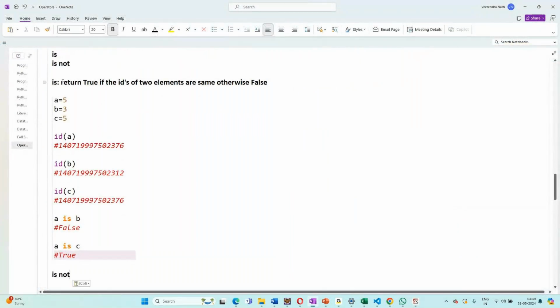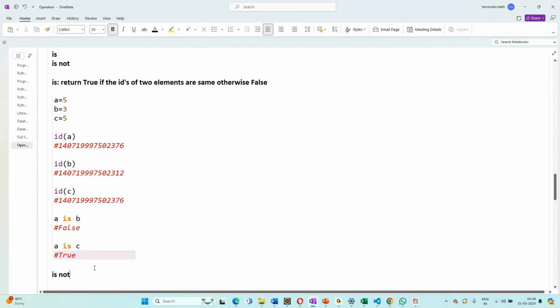Is not returns true if the IDs of two elements are not the same, otherwise false. Now the same thing with is not. A is not B will be true, because they are different.